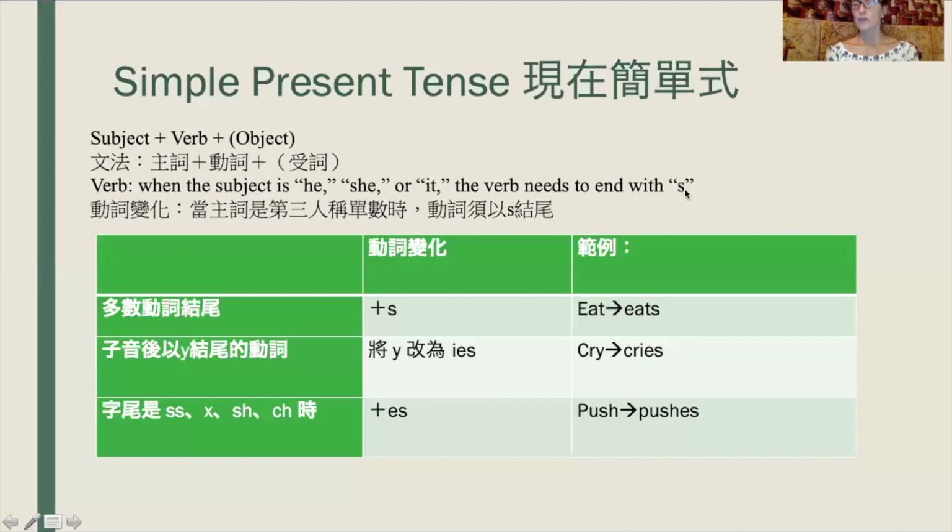And just like we talked about before with nouns and their endings, 结尾, how you get the S depends on how the verb ends. Usually you just add S for a lot of them, but there are some exceptions.